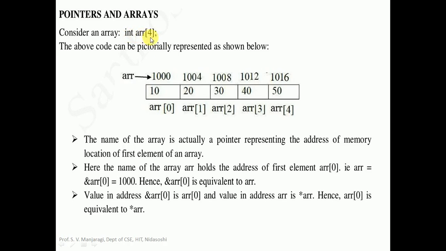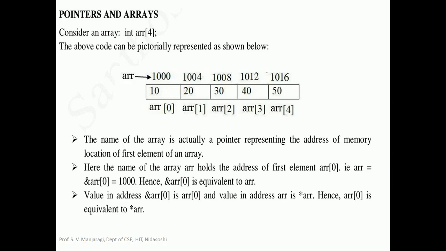This array can be graphically represented in this way. If the elements stored in the array are 10, 20, 30, 40 and 50, it will be stored like this. These are called array locations, and array locations are assigned an integer called the array index.